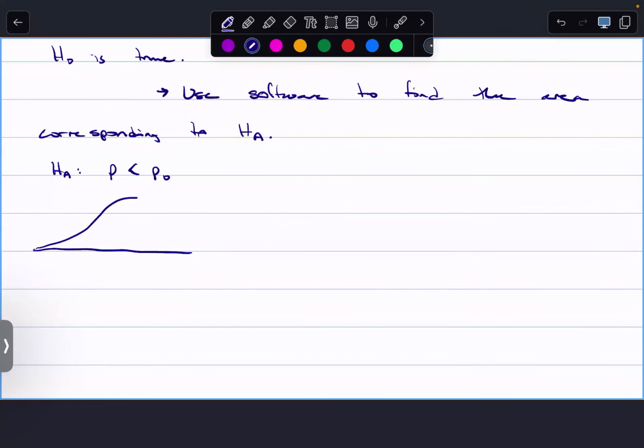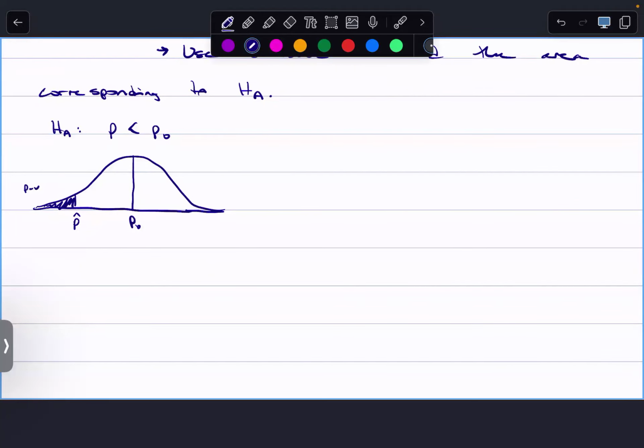Well, then if you want to prove that it's less than P naught, centered on P naught here, then this area is the p-value, from P hat. You better hope that your P hat is less than P naught. Otherwise, it's hard to use that to prove that it's significantly less than P naught. And so this is your p-value.